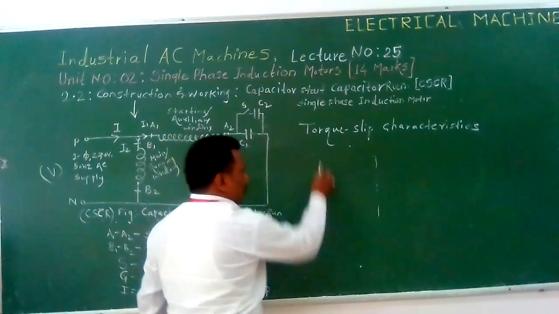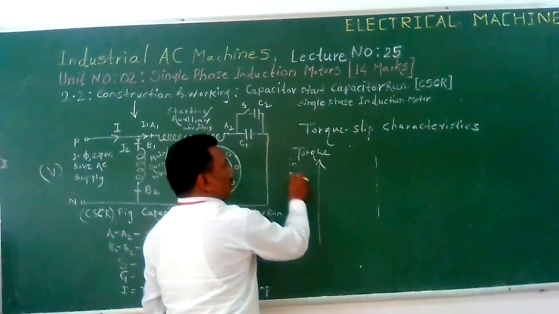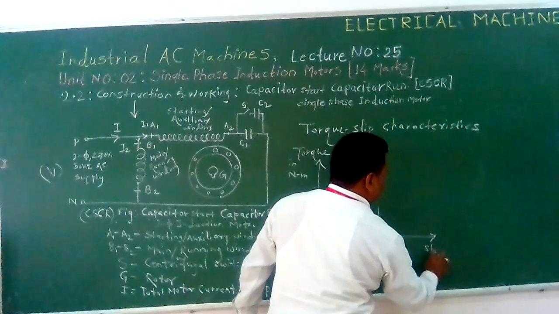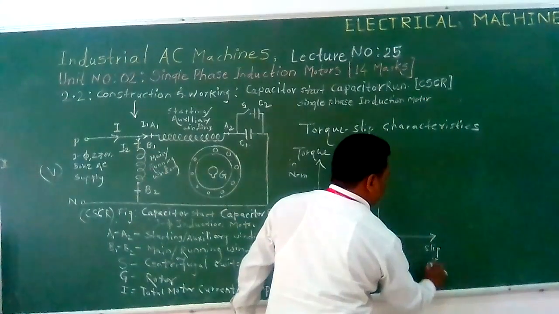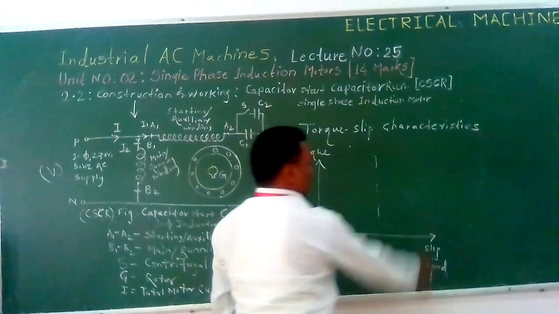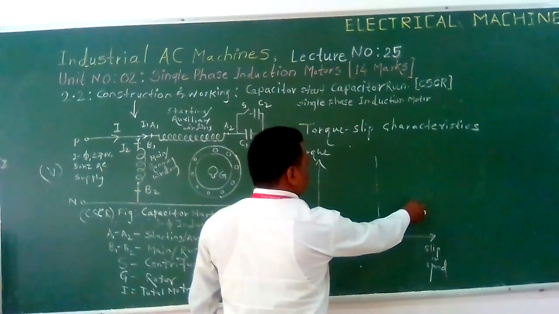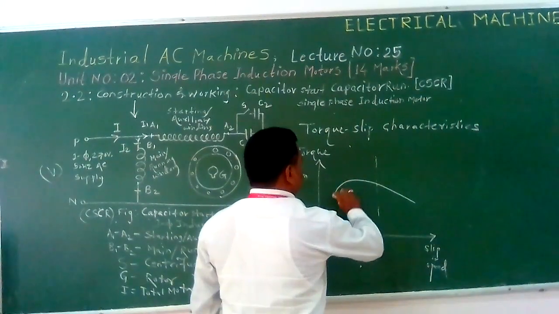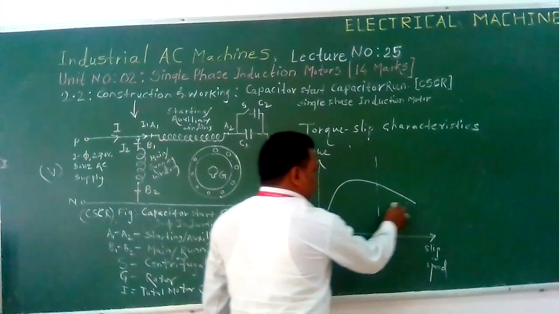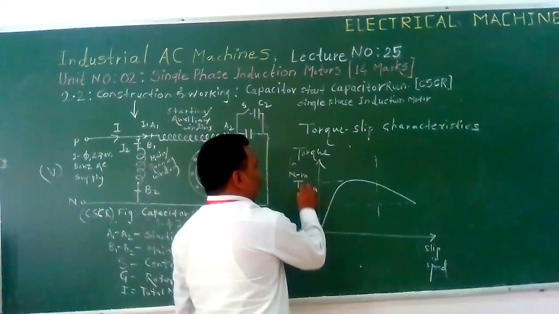We know that in a torque slip characteristic, the y-axis is the torque in Newton meter, and the x-axis is the slip or speed, and its starting torque is very high because of the C1 C2 combination. Here, this is the starting torque and this is the maximum torque.